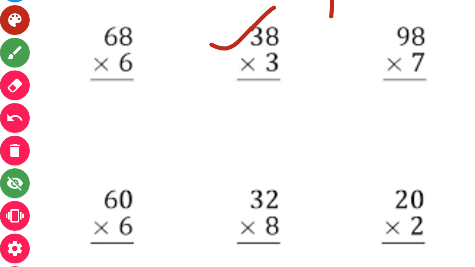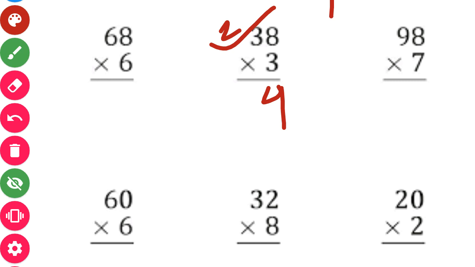Okay, now 8 threes are... at ones place we are having 8 and 3. Multiplying 8 into 3, we will get 8 threes are 24. We will write 4 here and we'll put a carry 2 at the top.